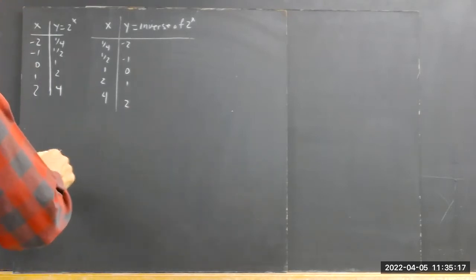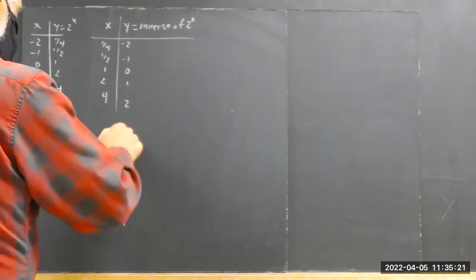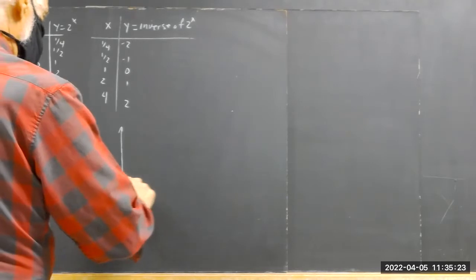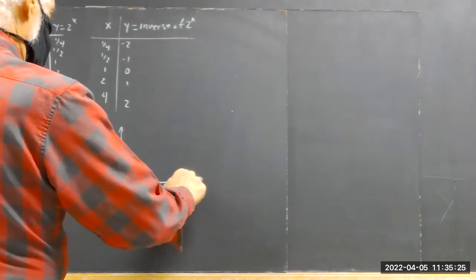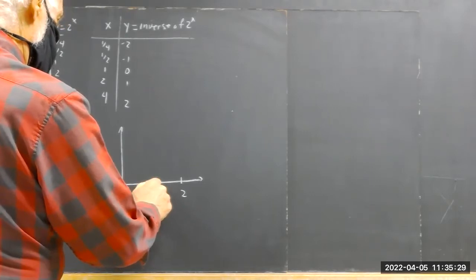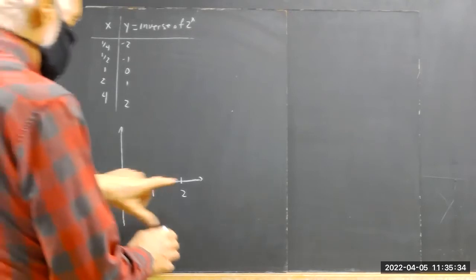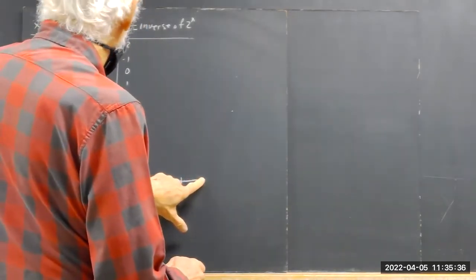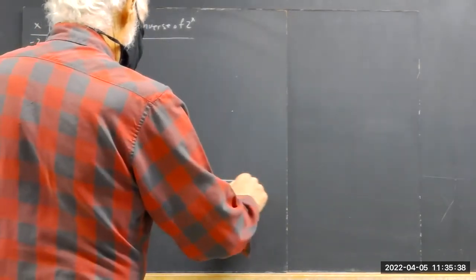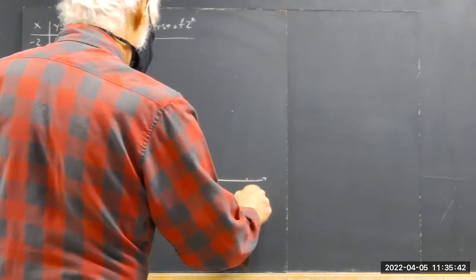Well, you can graph that. Here's 2. Here's 1. Now we also need 4. All the way over here, there's 3, here's 4.